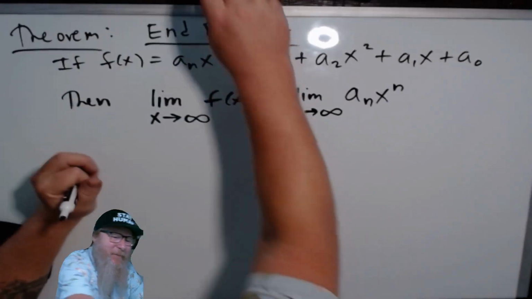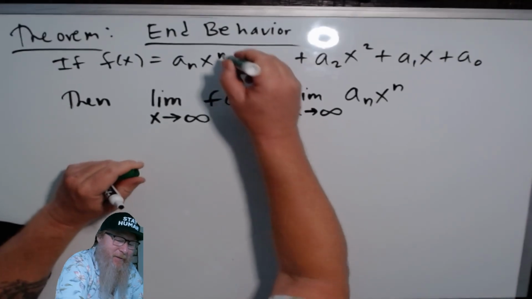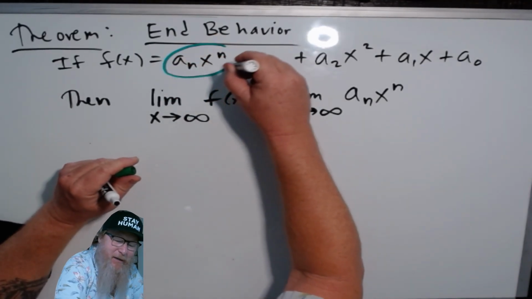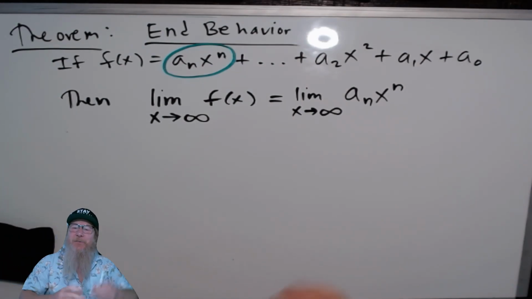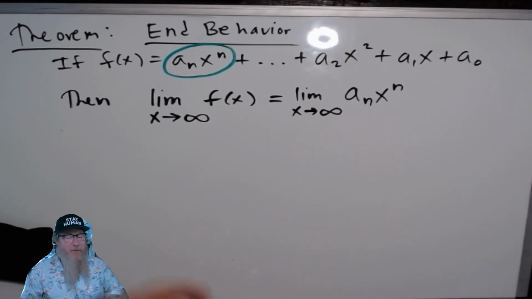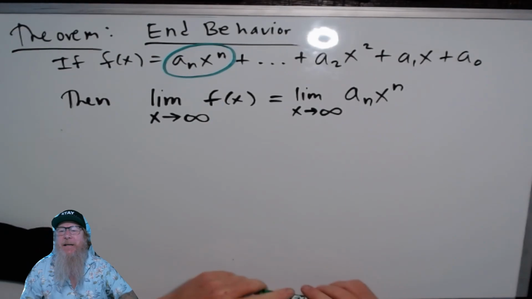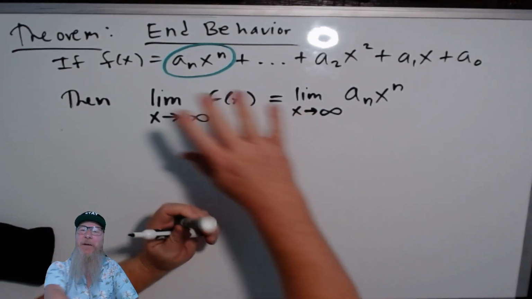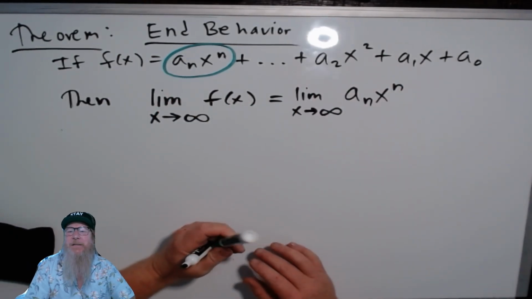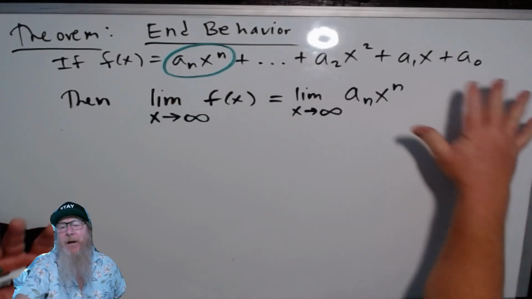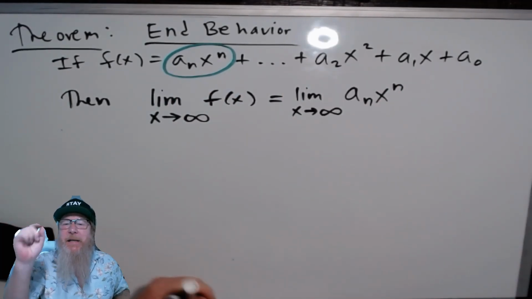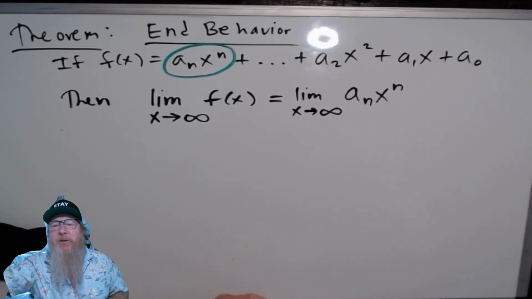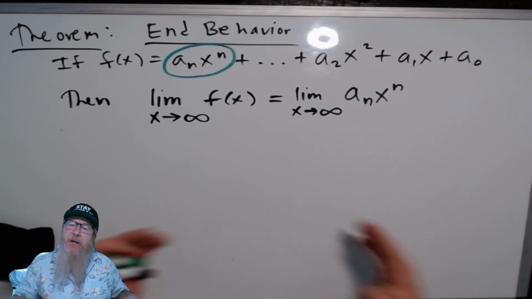In algebra, and I'm not going to do it again, if I made an XY table, where Y is the output and X is the input, and I took a big function like this, and I'm going to do one with actual numbers in a minute, this is the general form. And I plugged in progressively larger values of x, 100 and then 1,000.